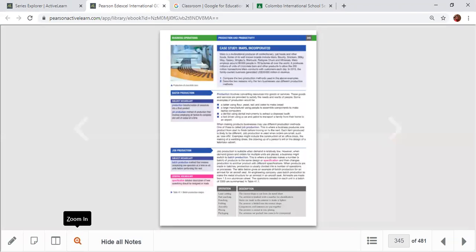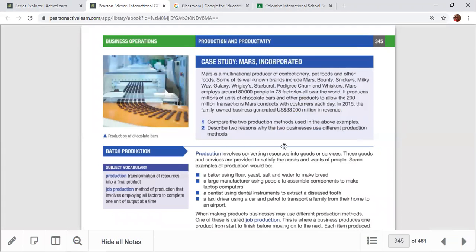The other case study is Mars Incorporated. The Mars company, which makes chocolate bars and more, is a multinational producer of confectionery, pet food, and other food. Some of its well-known brands include Mars, Bounty, Snickers, Milky Way, Galaxy, Wrigley's, Starburst, Pedigree, Chum, and Whiskas. Mars employs around 80,000 people in 78 factories all over the world.